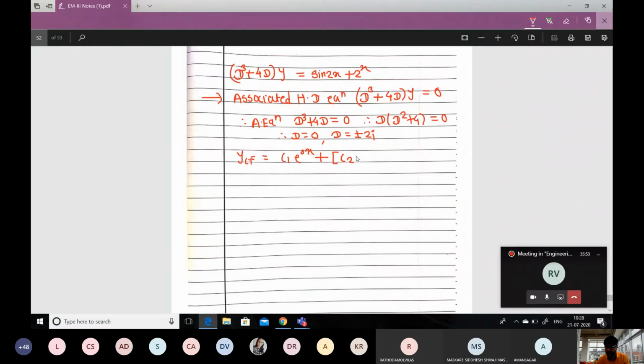The value of beta is 2, so cos 2x plus C3 sin 2x, and that is the complementary function. But e to the power 0 is simply 1. So therefore y_CF is equal to C1 plus C2 cos 2x plus C3 sin 2x. Okay, so that is the complementary function.